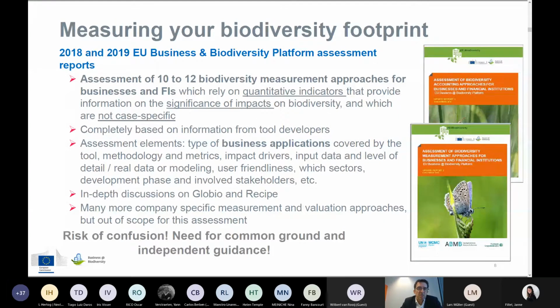These measurement approaches are not checklists, but they rely on quantitative indicators and provide information on significance of impacts on biodiversity. They are also not case specific. So far we have only assessed generic methodologies.